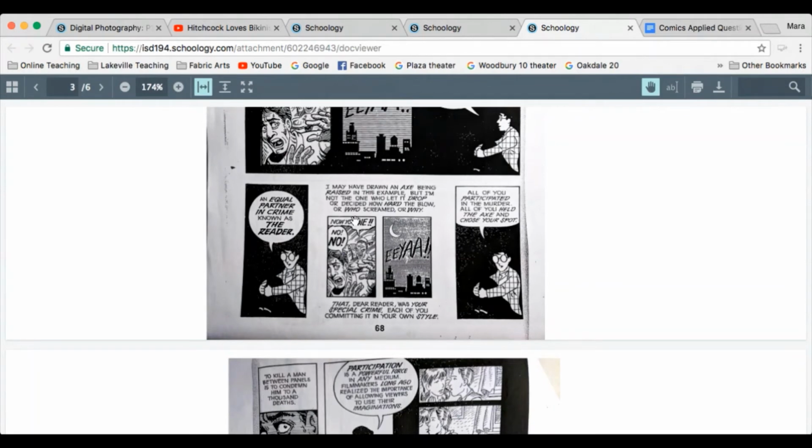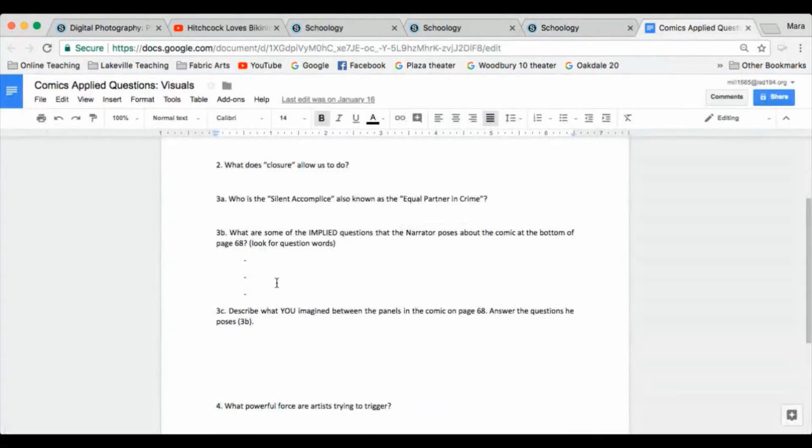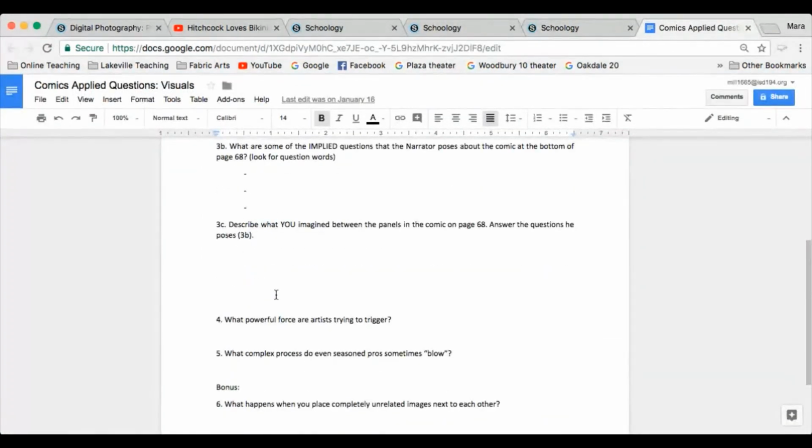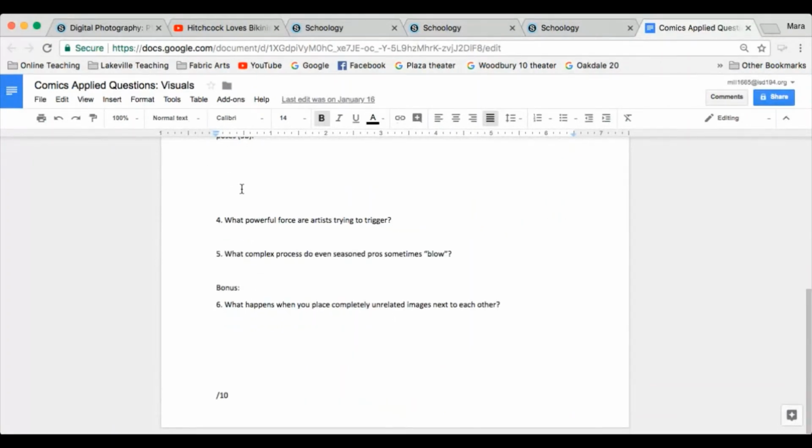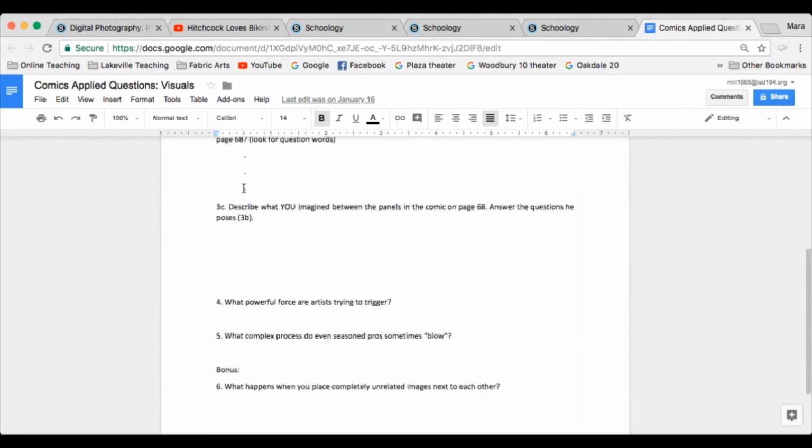So that is really your job as the reader to figure out these extra things. The cool thing about comics is that it's not just the artist who says what's happening. The reader gets a say as well. So you got a chance to describe what you imagine to happen in your own way. Everybody has a little bit of different take on where the axe falls, who gets to scream, why they screamed, all that jazz.